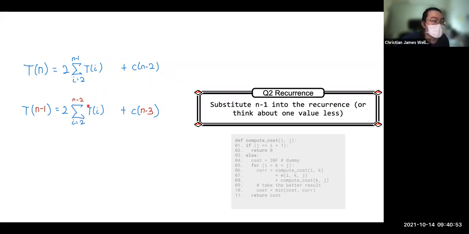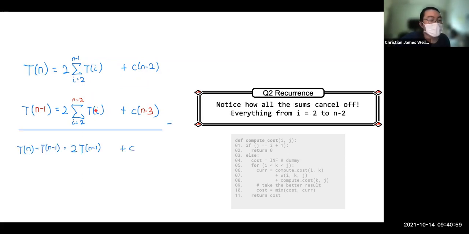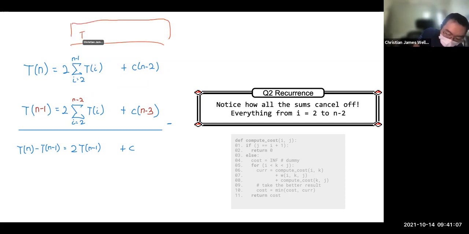It just has two fewer Ti's to compute. Then you subtract them. This is a hack for you to cancel off all the sums. Earlier you had something like T whatever times T whatever. In the n minus 1 case, you only have this much.